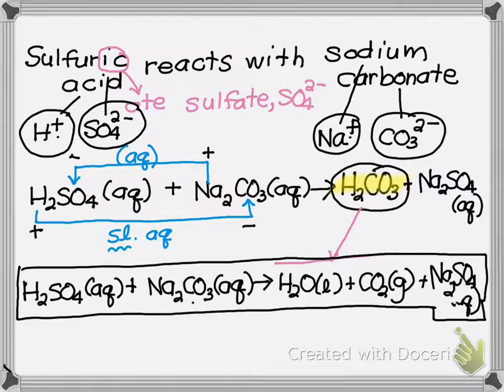And sometimes there are substances, a few, that when they combine, instead of staying as that substance, they break down. And in this case, the H2CO3 breaks down into water and carbon dioxide gas. I hope that helps you understand this homework problem, and please let me know if you have any more questions.